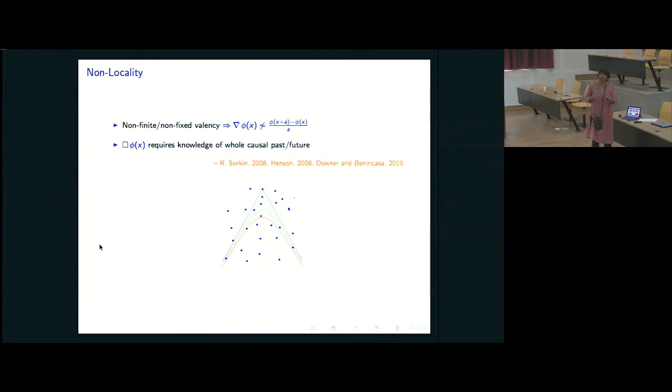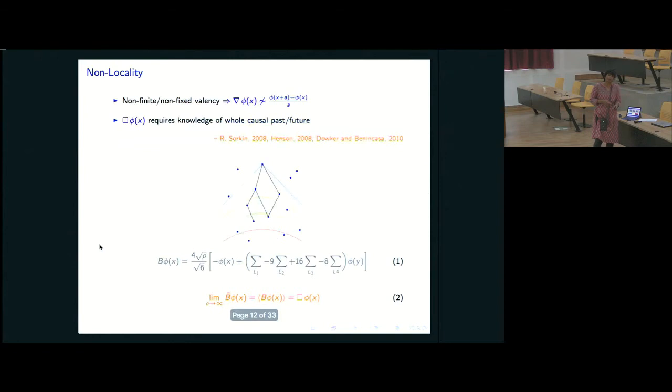And you have to basically look at these layers and include all the elements in those layers, and how much you do of that, how much you smear these layers, etc., gives you different classes of D'Alembertian. Yeah, so in the limit, you should get back the regular continuum D'Alembertian.